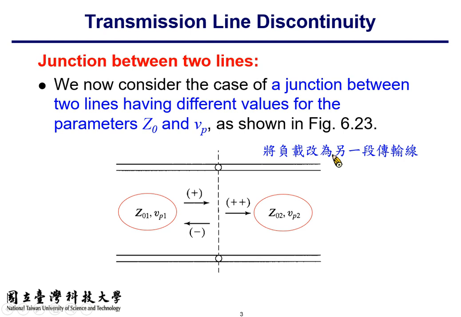Part of the energy goes back in the negative propagating direction, and only part of it goes into the next section. So in the design of microwave circuits, we would like to eliminate impedance mismatch, because we hope that all available power can be delivered to the following stage.